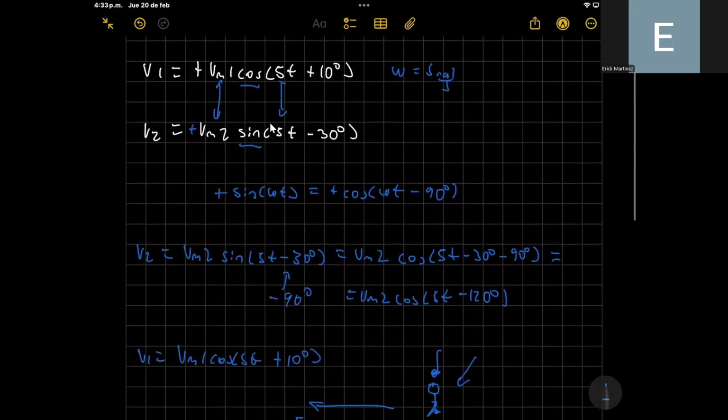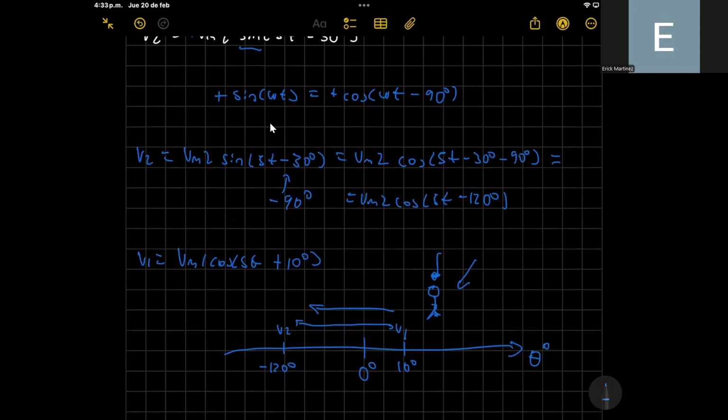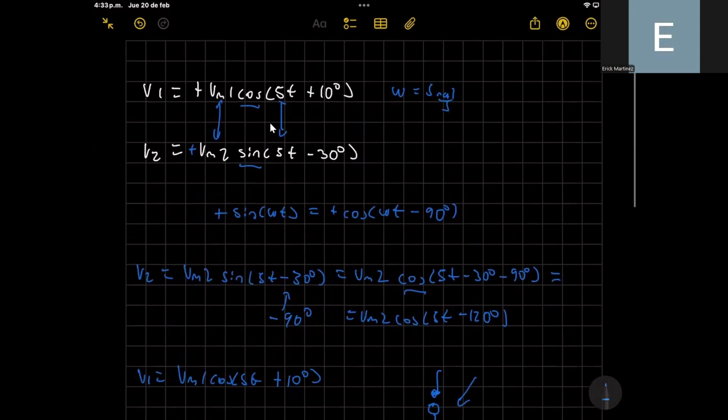Remember that you need to verify the positive amplitude, you need to have the same frequency, and also you need to convert the two sinusoidals into the same trigonometric function. Here in this example, we convert the sine wave to a cosine wave in order to compare it with V1, which is also a cosine wave.